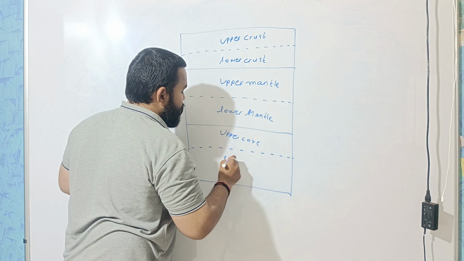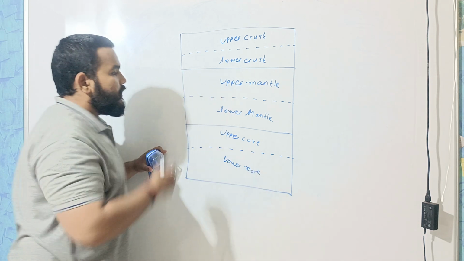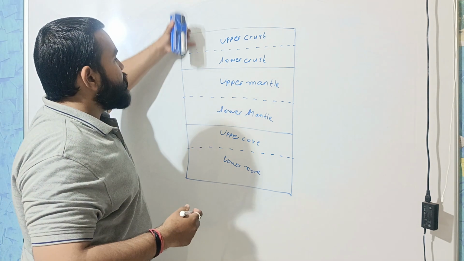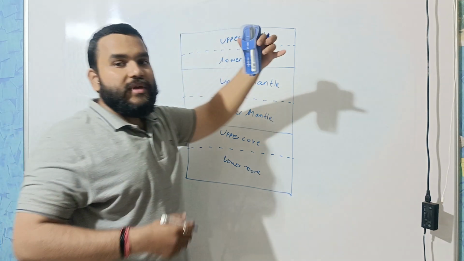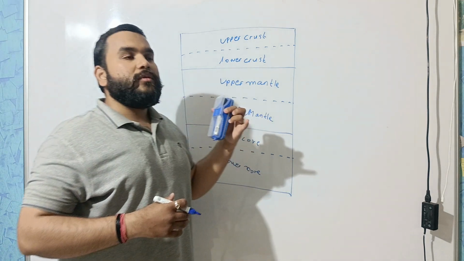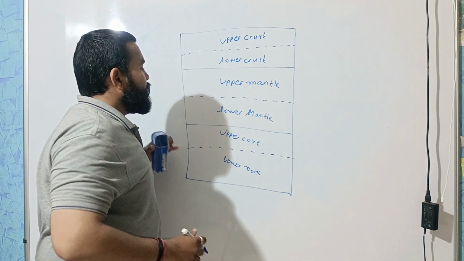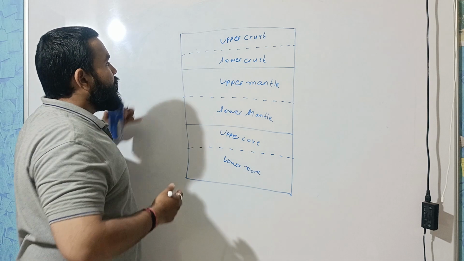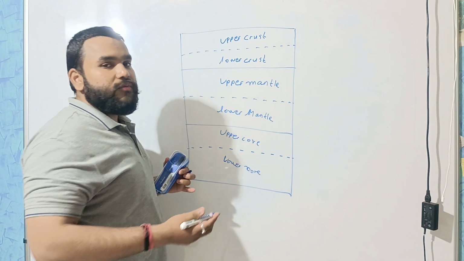This is lower core. Likewise. In yesterday's video we found that this is solid completely up to the lithosphere. Litho means solid or rock, so lithosphere. Then we know about the asthenosphere, which is semi-solid, comes here. Then upper mantle, then lower mantle, and limits also, up to how many kilometers they are limited, and so on and so forth.